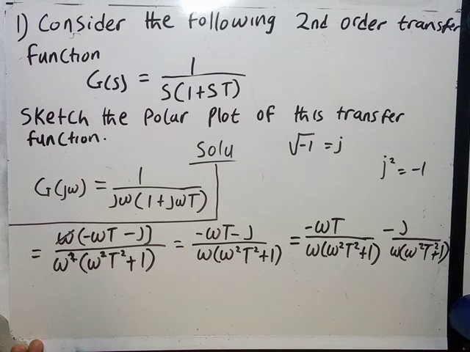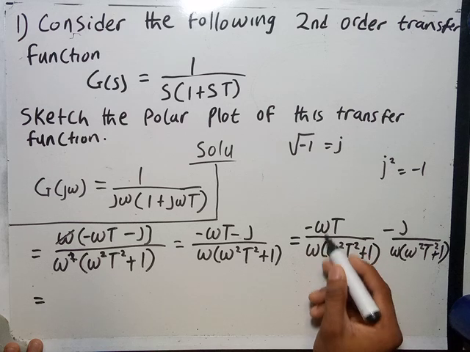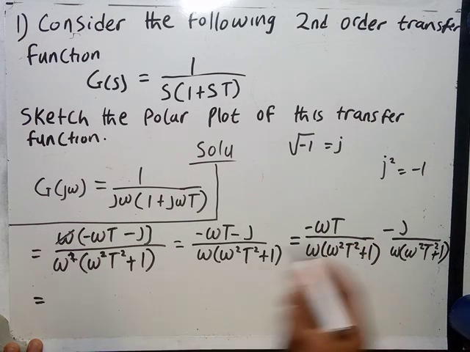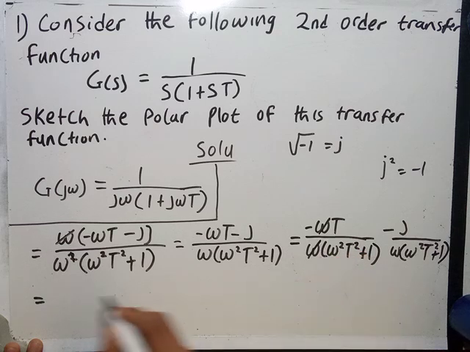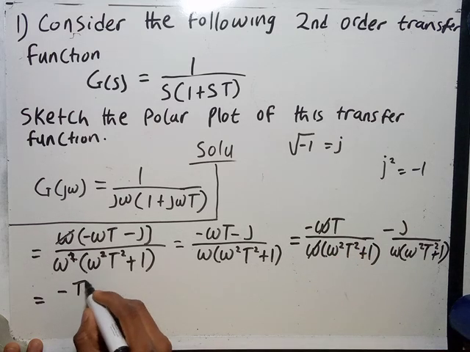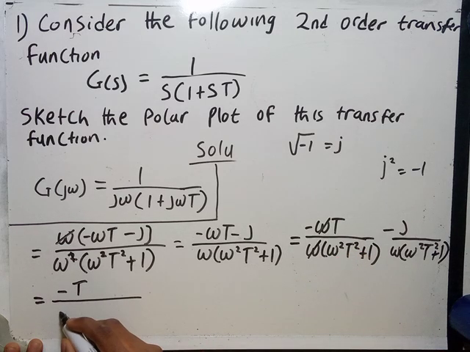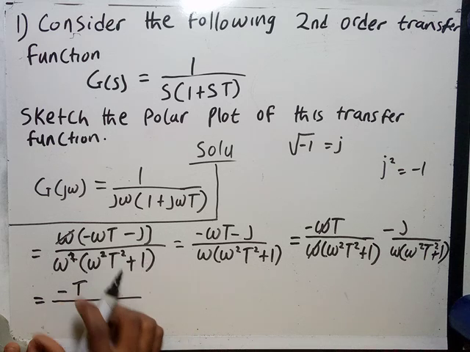We can say that since we are having W here, W here, if we cancel out, this is going to cancel out this one. We have minus T over W, sorry, this has gone out.